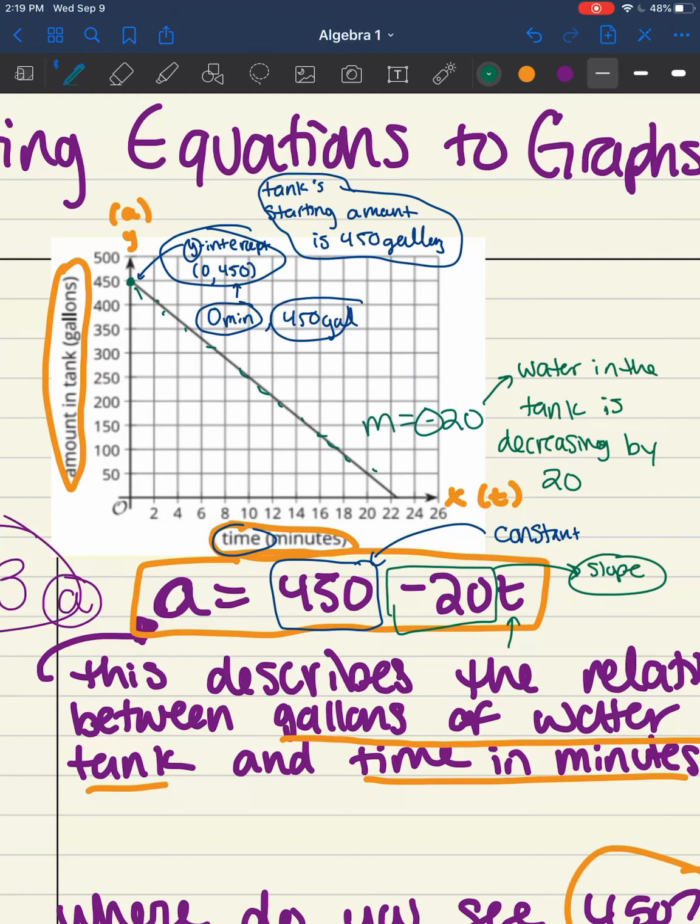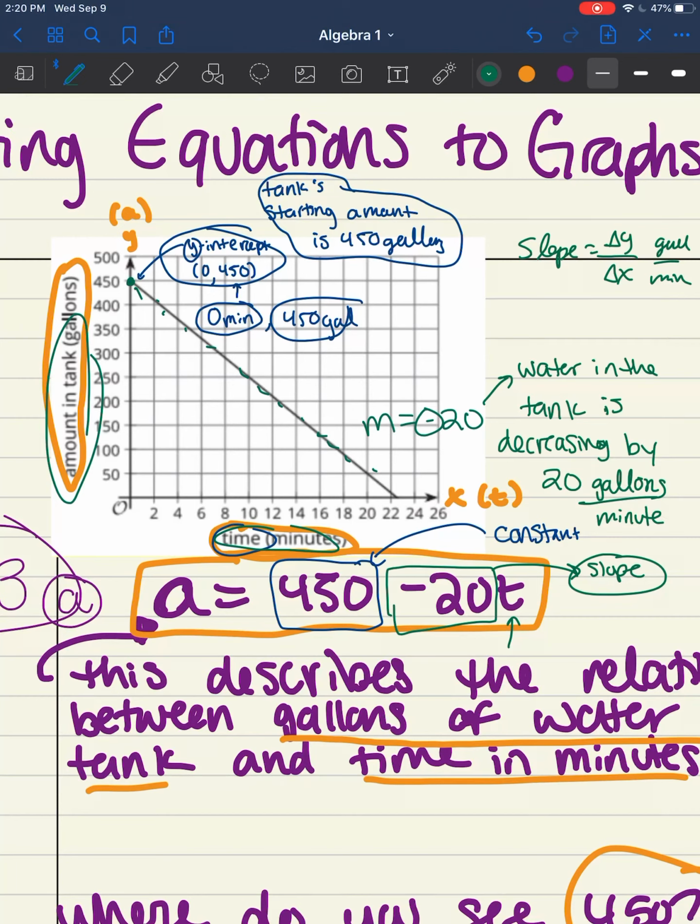Well, remember, slope is change in y over change in x. So what's changing on the y? Gallons. What's changing on the x-axis? Time. So this would be gallons over minutes. That means the water in the tank is decreasing by 20 gallons every minute.